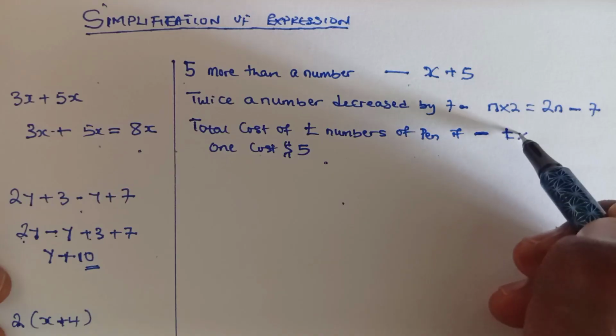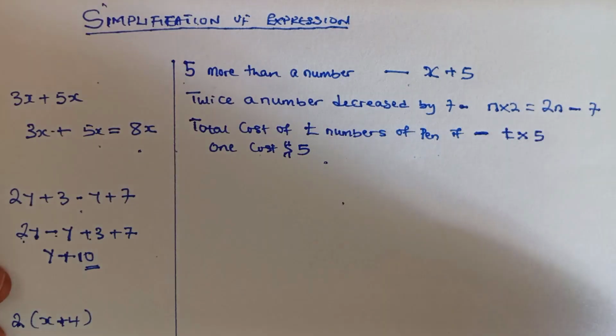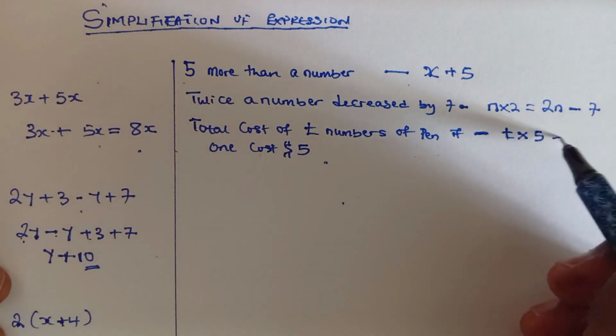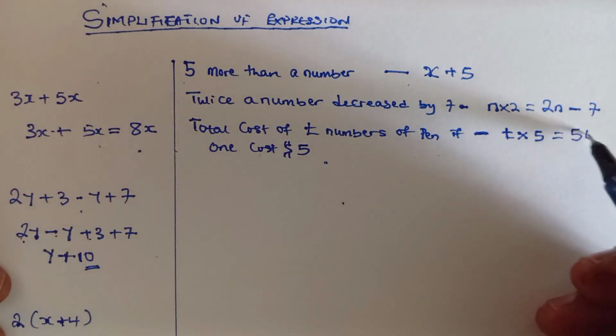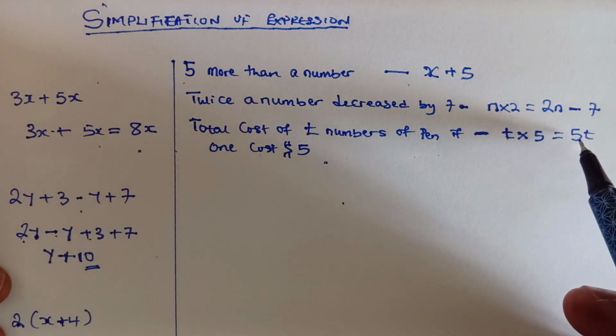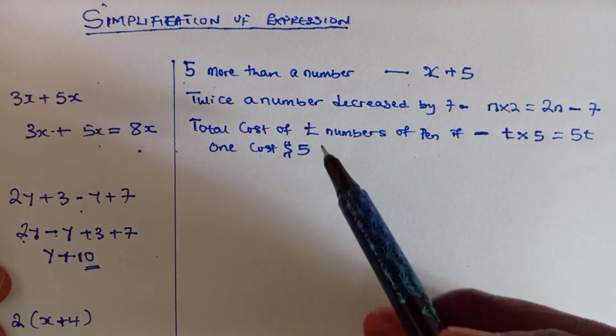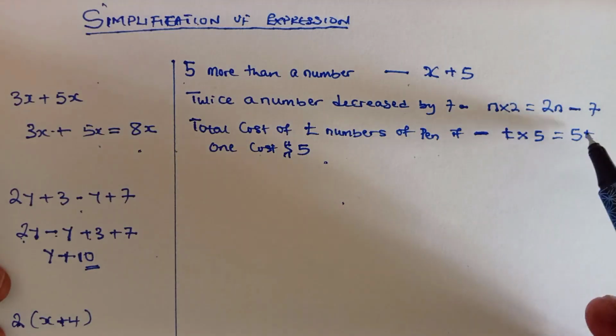So we multiply the total numbers of pen by the cost of each pen. So we are going to have what? 5t. So if one pen costs $5, let's say you are looking for 10 pen, it's going to be 5 times 10, it's going to be 50. But since we don't know the numbers of pen, we represent it by what?